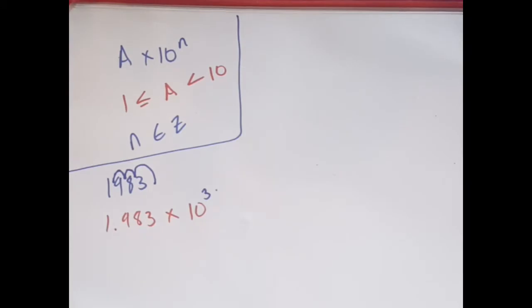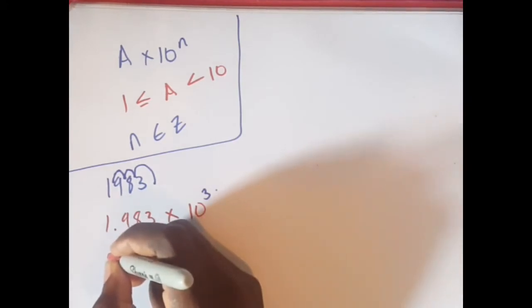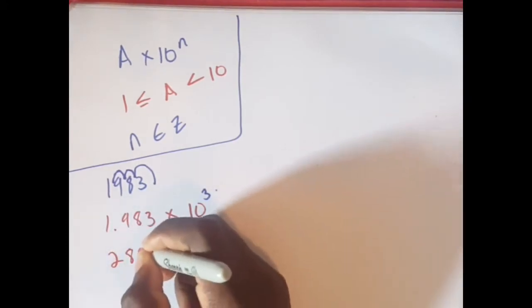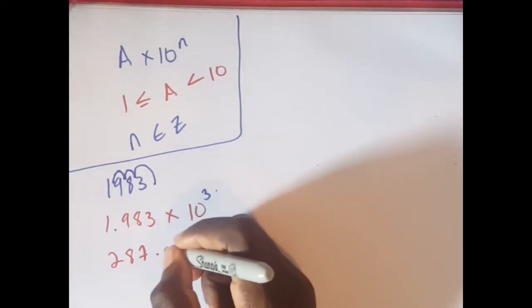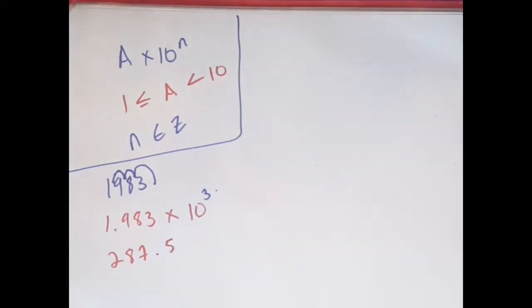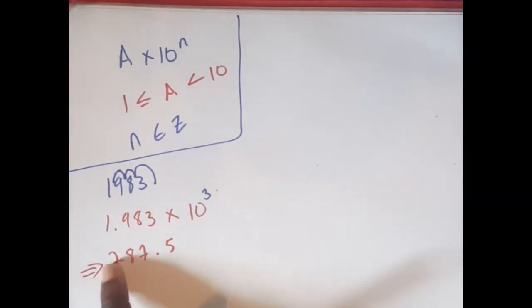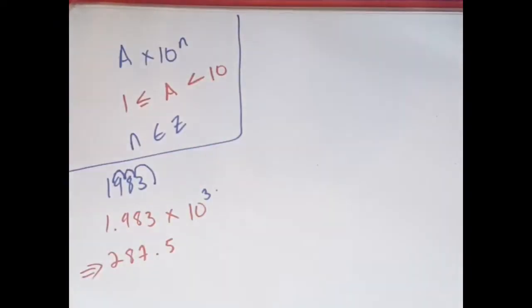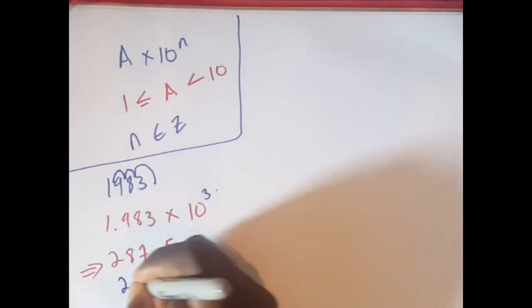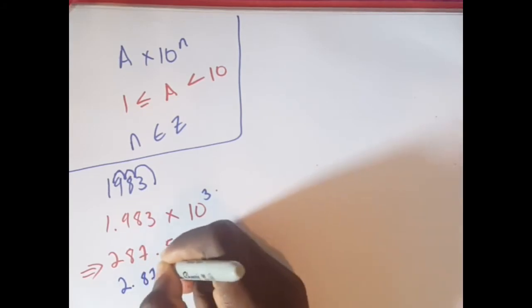Let's do another example to make sure you get that. Say you have 287.5 and you are told to write this in standard form. What you would do is reduce this to a number for a that's between 1 and 10, and that number would be 2.875.